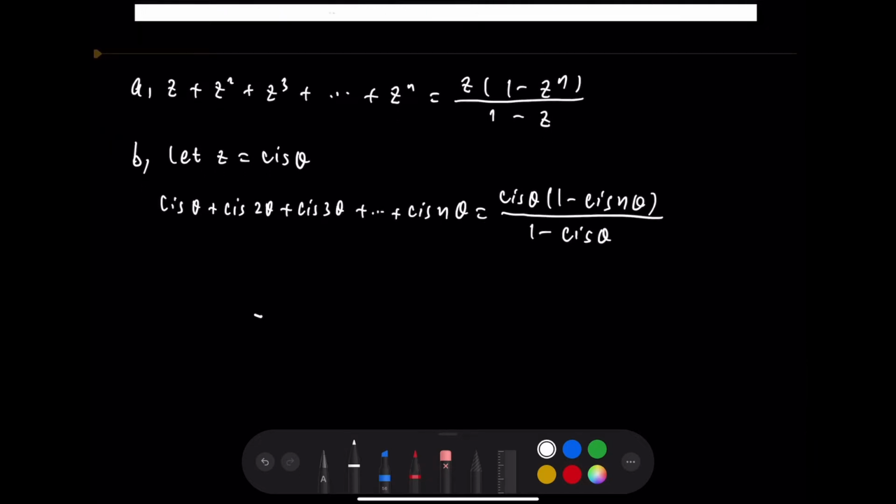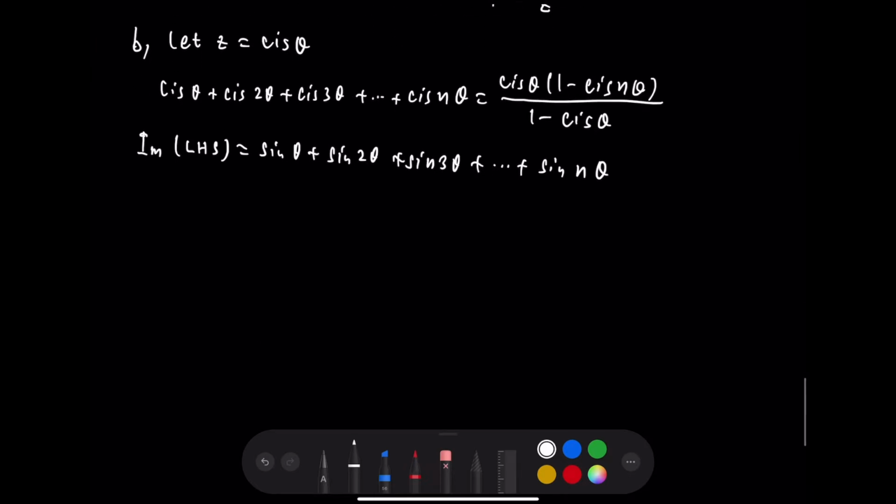Let's do the left-hand side first. The imaginary part of my left-hand side will become sine theta, sine 2 theta, sine 3 theta, and all the way to sine n theta. That's exactly the left-hand side of my question.